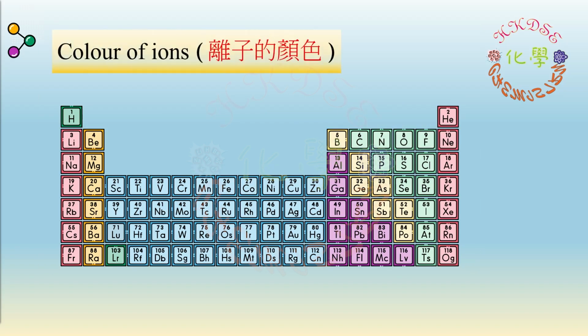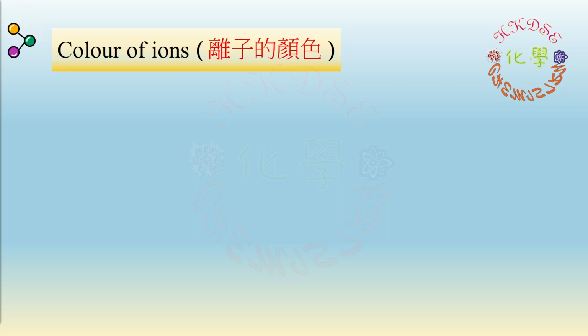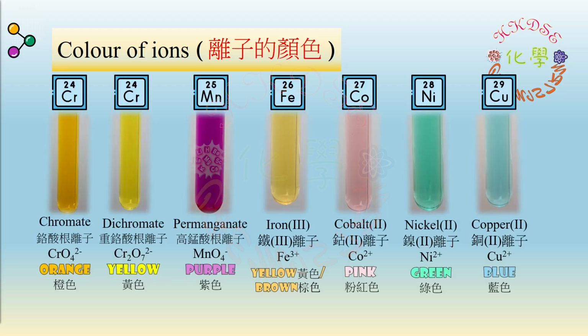Many ions are colorless, however, some ions are colored. We should notice that transition metals usually form colored ions. Most of these are cations, for example iron 3+ and copper 2+ ions. These are the colors of some ions in aqueous solution.